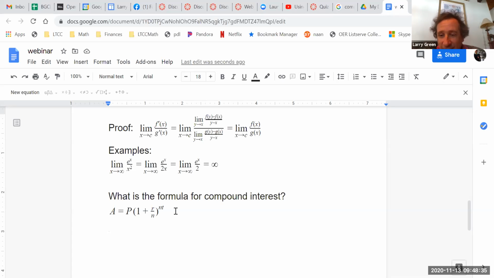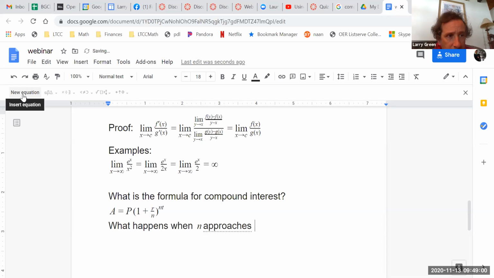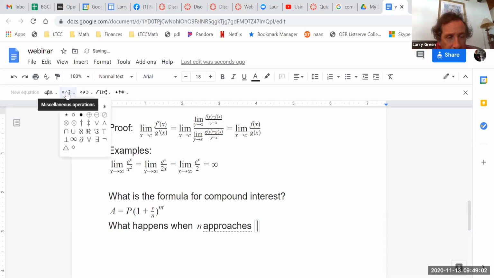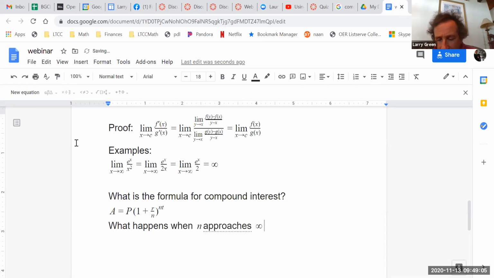Again, why do you think it's P e to the rt, and not just because your teacher told you it was? Because continuous compound interest is the following: what happens when n approaches infinity? That's what continuous compound interest means. It means the number of compounds per year becomes infinite.